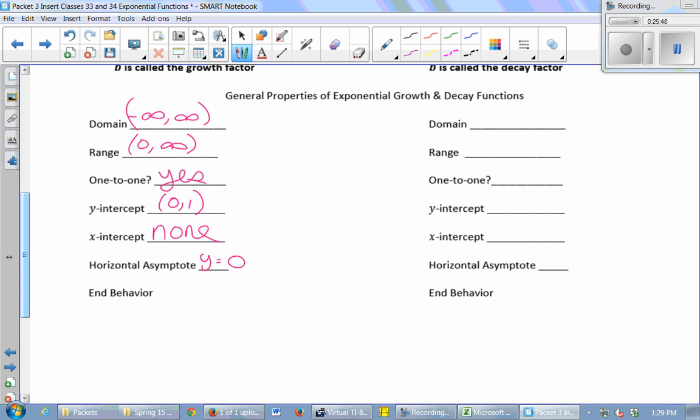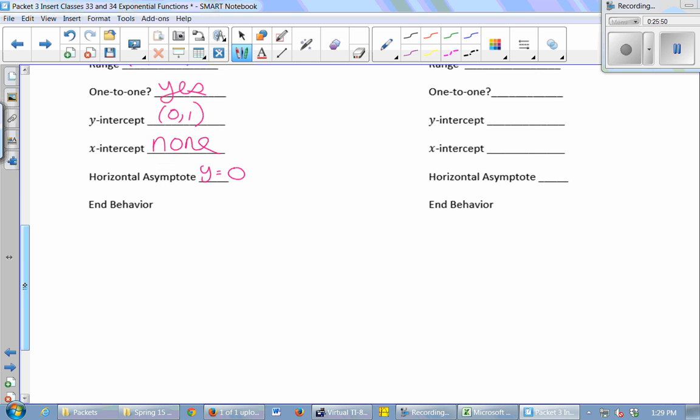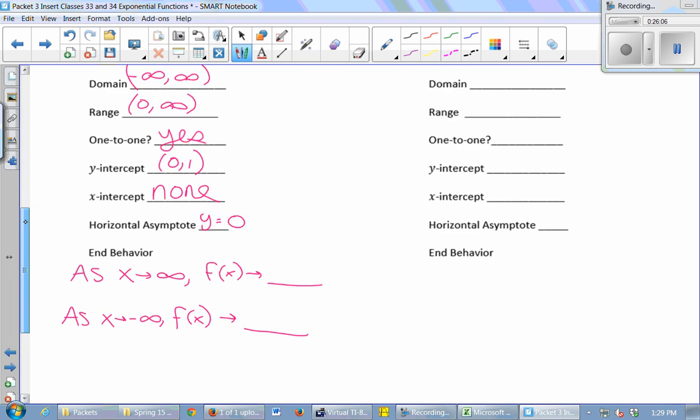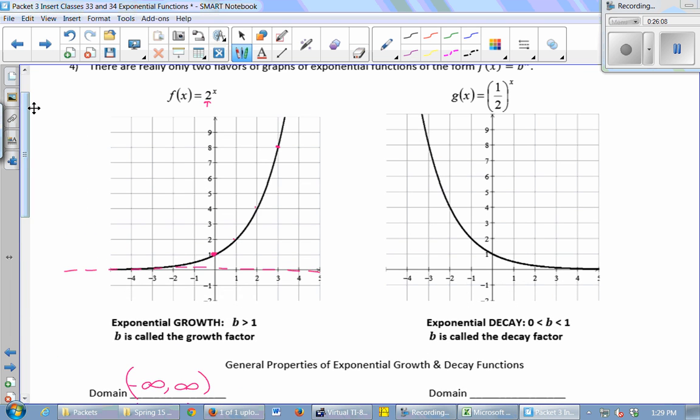And then its end behavior, I'm going to write down using arrow notation. As x approaches infinity, f of x approaches blank. And as x approaches negative infinity, f of x approaches blank. Okay, so let's look at the picture. As the x values move to the right, what's happening to the y values?